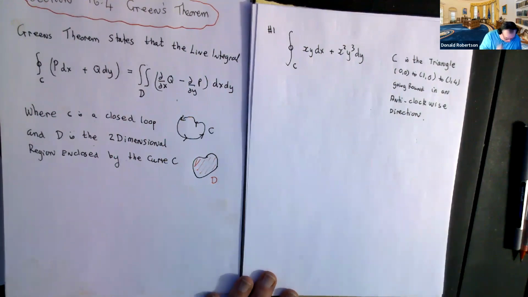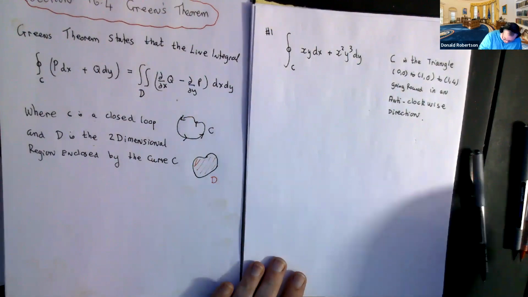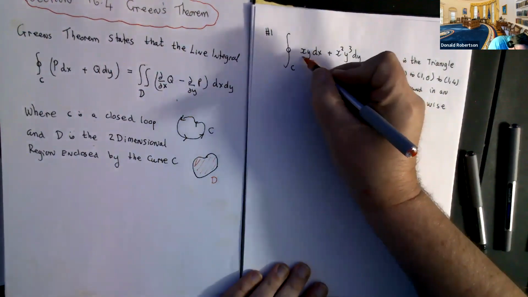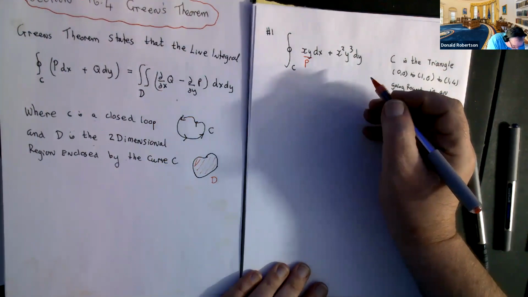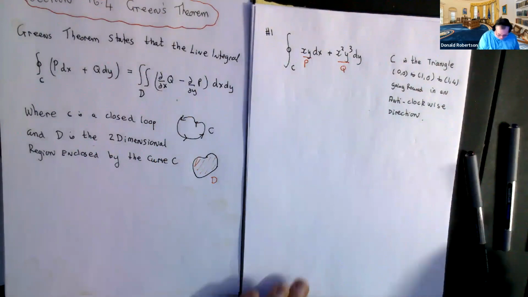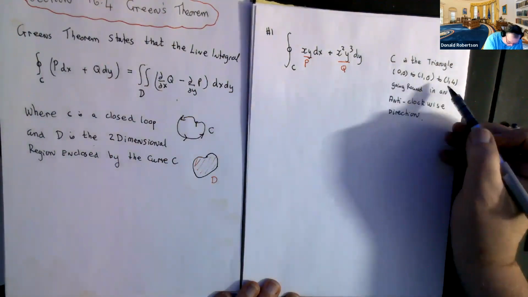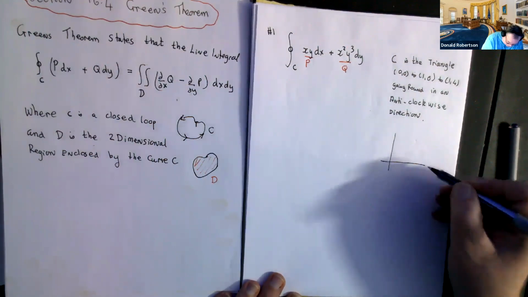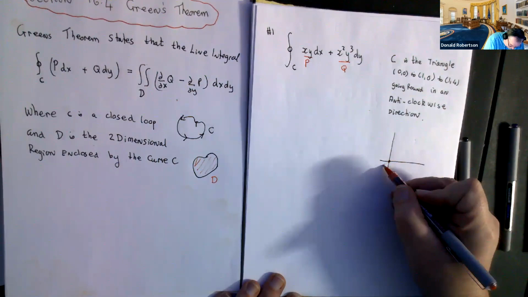So identify P and Q. So this guy is P. This guy is Q. And the region D will be this triangle. So if I draw a little version of what this triangle looks like, it's the origin.